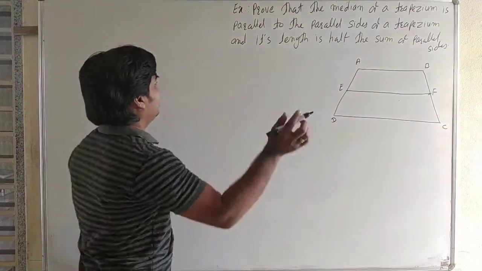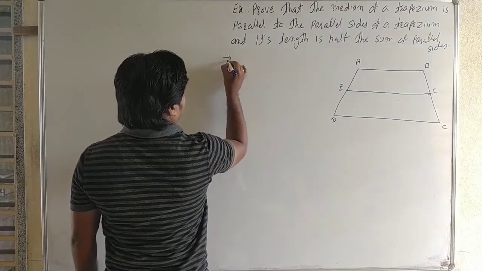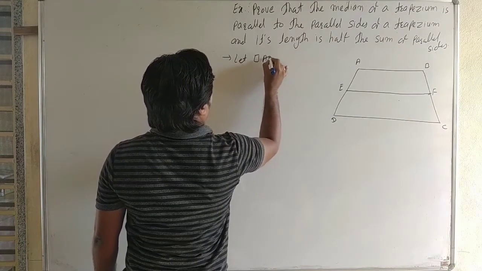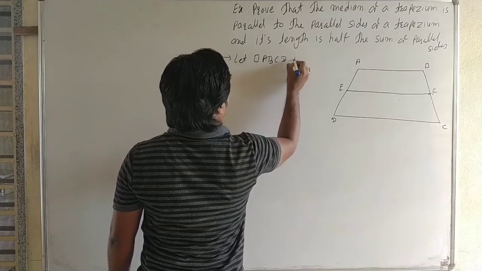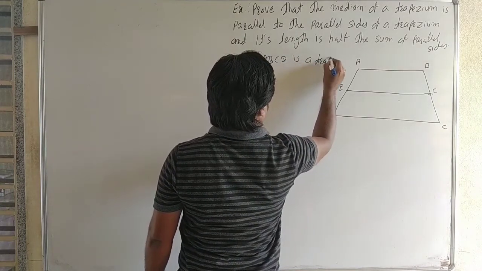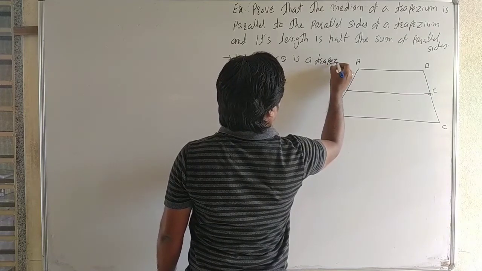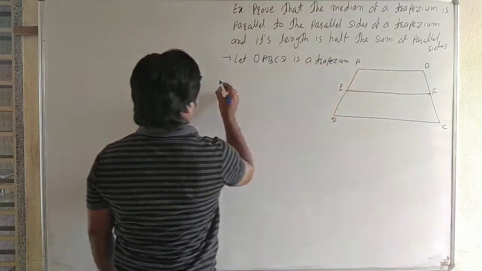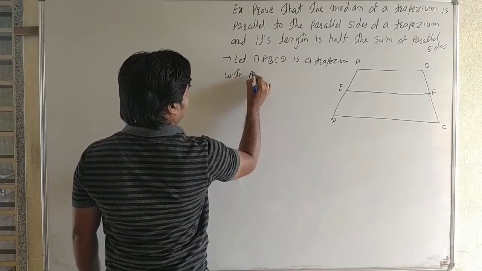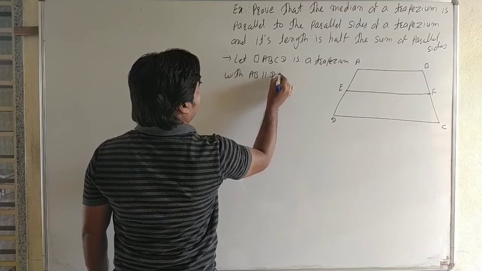Now let ABCD be a trapezium with AB parallel to DC.